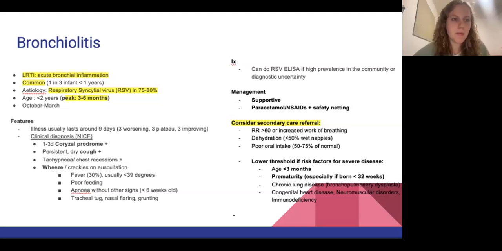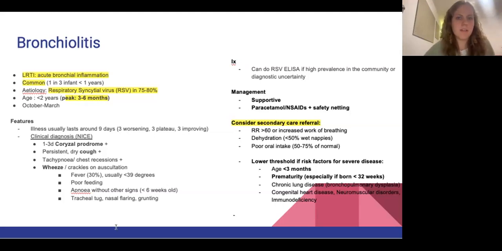So what we have here is bronchiolitis, which, like we said, is a lower respiratory tract infection. It occurs in 1 in 3 infants under 1 year. It's most commonly caused by RSV, and the peak incidence is around 3 to 6 months.